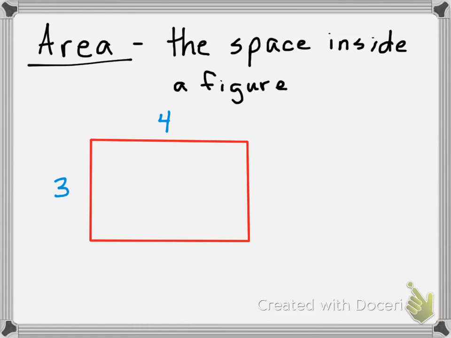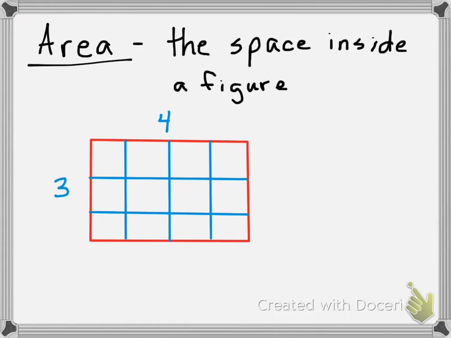But my question is why? Why do we do 3 times 4? Well, this 3 means that this rectangle is 3 units tall, and this 4 means that this rectangle is 4 units wide. So if I break this rectangle up, 3 units tall and 4 units wide, how many squares does that put inside my rectangle?